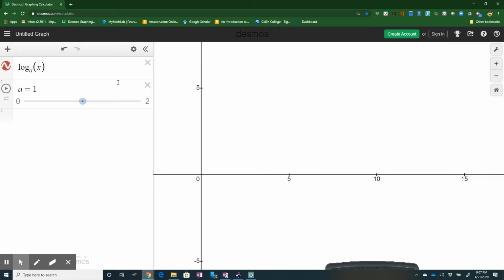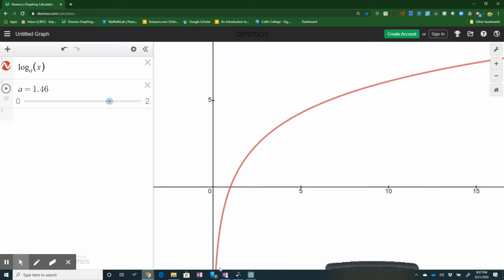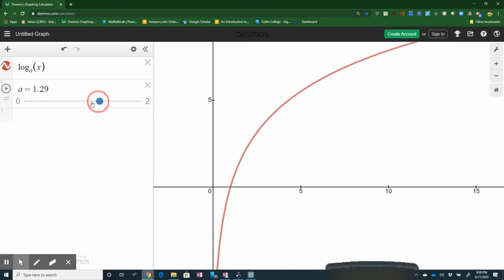Okay. So notice that as soon as my base gets bigger than 1, I have a graph of a log. Usually this is the picture that comes to mind when I see a log. A graph that has a vertical asymptote, and it kind of grows upward to the side. The bigger the base, the steeper it gets.